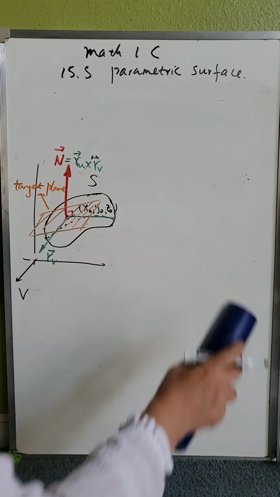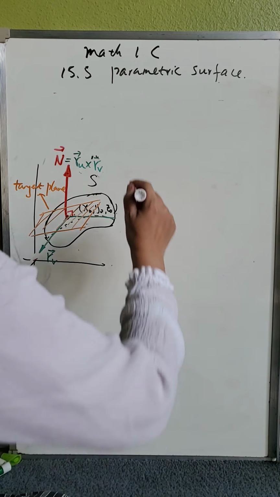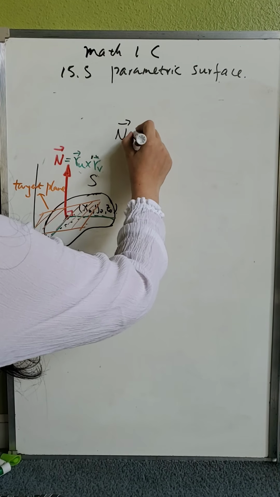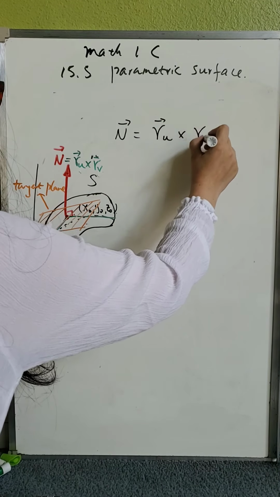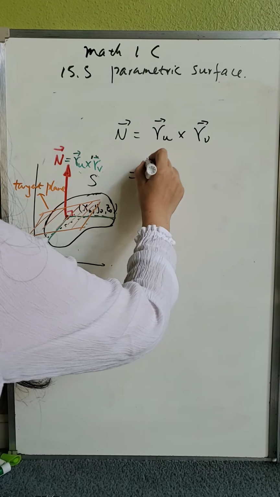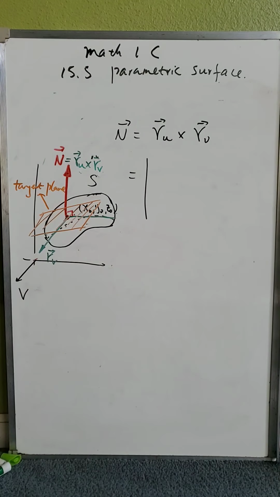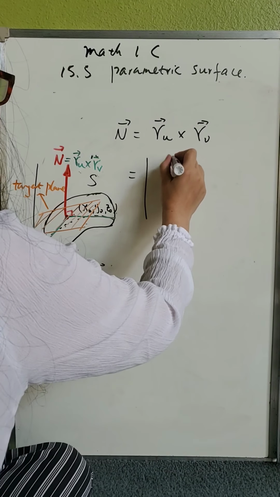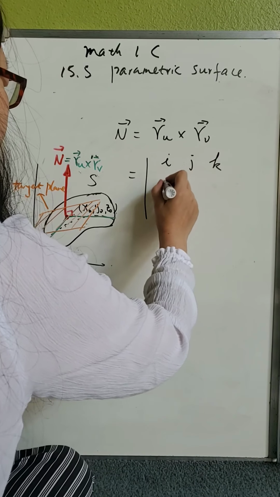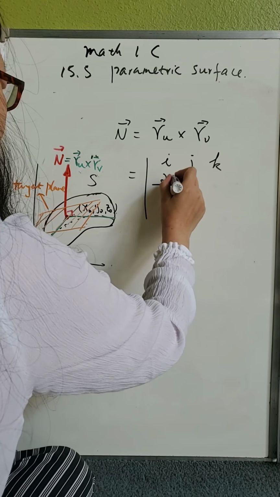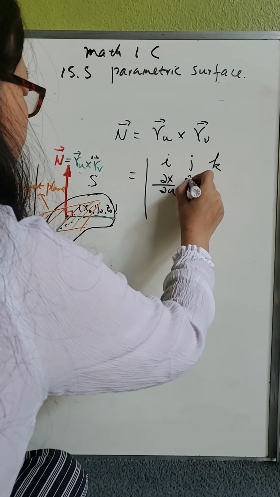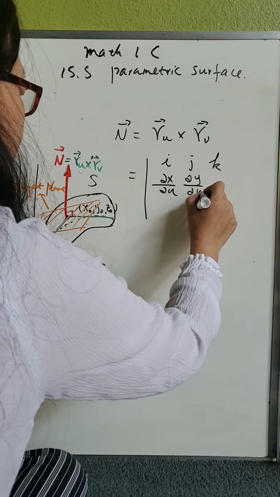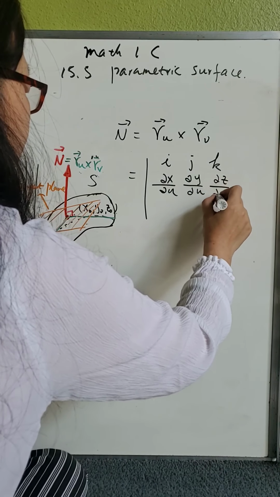And your normal vector n is equal to R_U cross R_V, which is equal to the determinant with rows i, j, k; del x to del u, del y to del u, del z to del u.